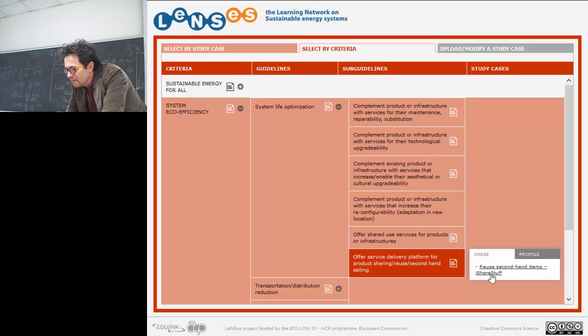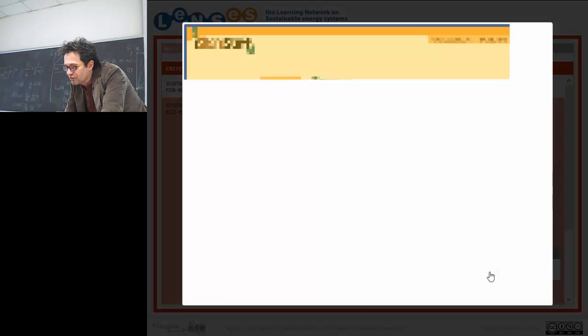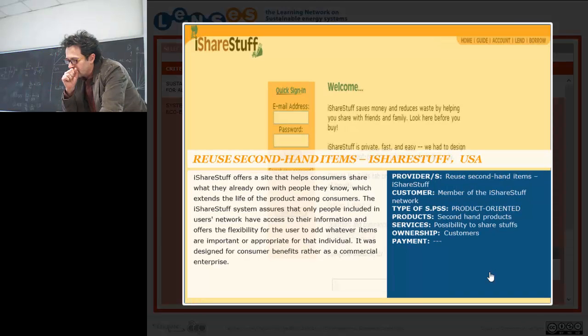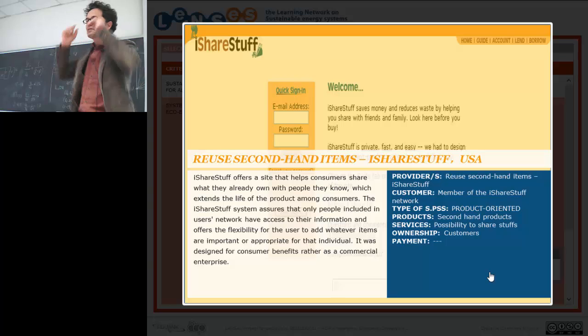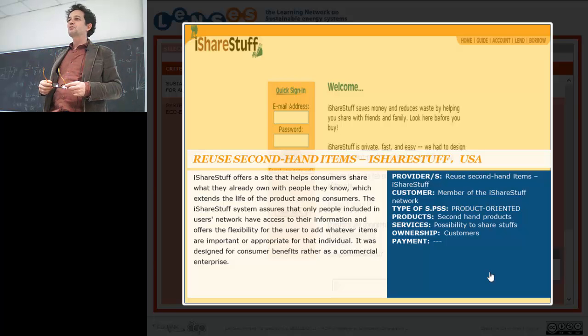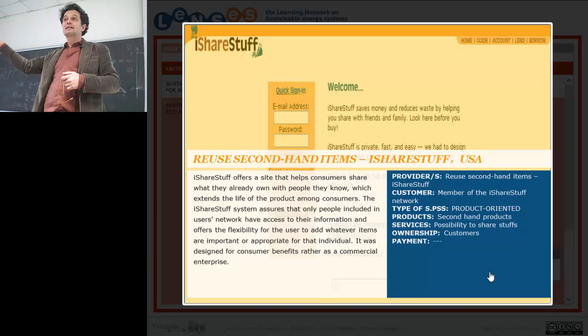And here I have one of the first, historically speaking. There are a few others in which you can buy second-hand stuff. So in this case, you extend the life of a product that maybe you would throw away. All right.